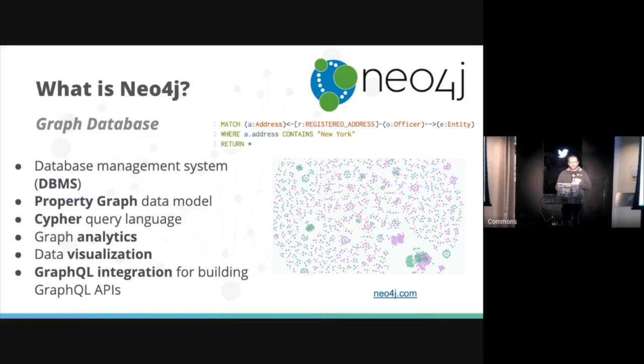We use a query language called Cypher. You can see an example in the upper right. We'll see a couple of examples of Cypher, so it's helpful to understand a little bit about it. Basically, what we do with Cypher is draw these little ASCII art graphs that represent traversals through the graph. That's basically the basic idea there.